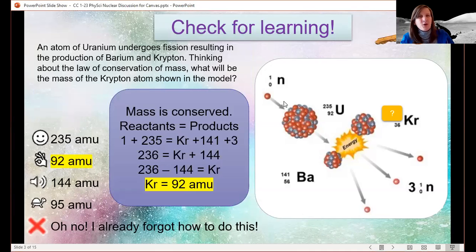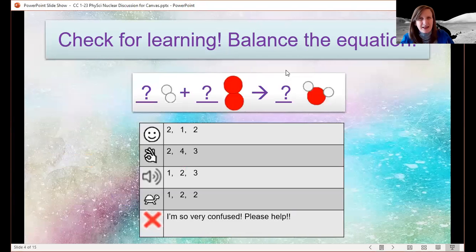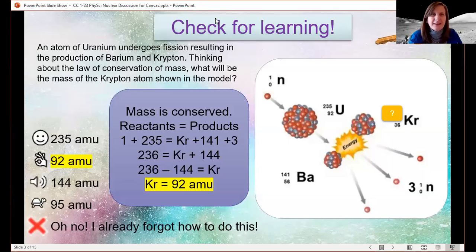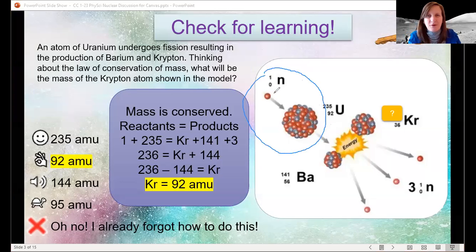All right, so what I did to figure this question out is I looked at my reactants and figured out that that was 1 plus 235, which is 236. And then I looked at my products mass.